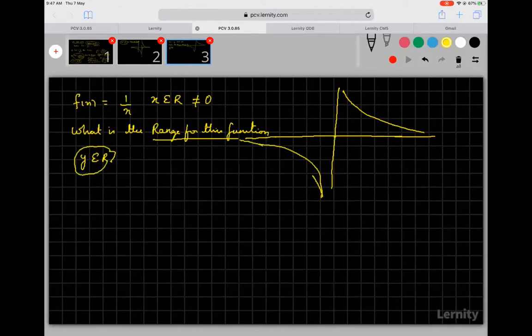Okay. Now if you look at it, this side and this side look symmetric. If you place a mirror here, these two look symmetric. Such functions are said to be even functions.